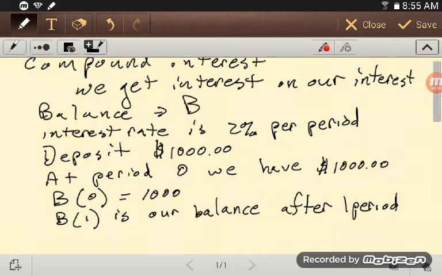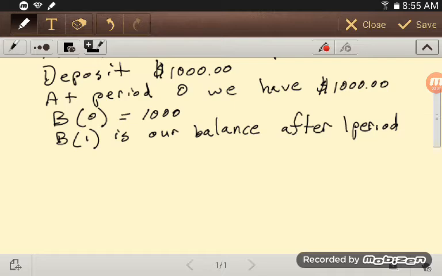That is just that idea like sales tax. This is simple interest. B of 1 was our B of 0, our deposit that we made, plus our 2%, so 0.02 times that deposit that we made.